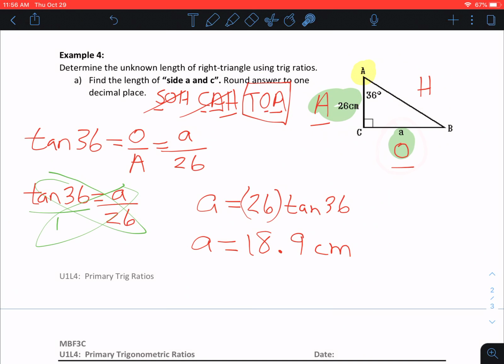We then use that ratio, tan in this case, of the angle we chose, of 36, and we write our ratio, which is the opposite over adjacent, and we substitute our values in from the question. Side A and adjacent is 26. We then do cross multiplication and we solve for the side.